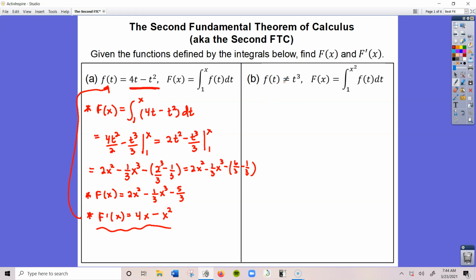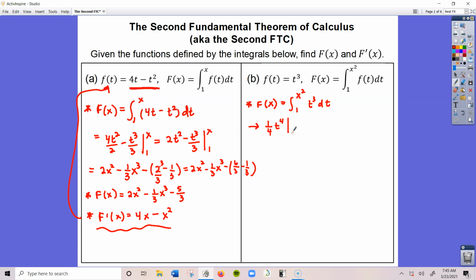We have f(t) equal to t³, and capital F(x) is equal to the integral from 1 to x² of f(t) dt. So we're going to plug in f(t) to find F(x), and that's going to equal the integral from 1 to x² of t³ dt. When we integrate t³, we get 1/4 t⁴.